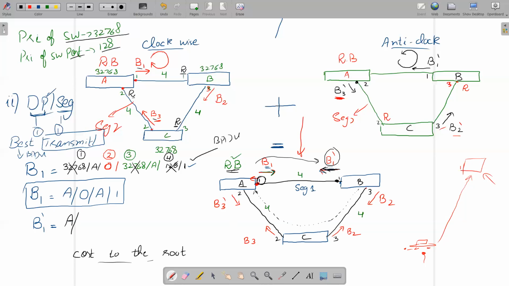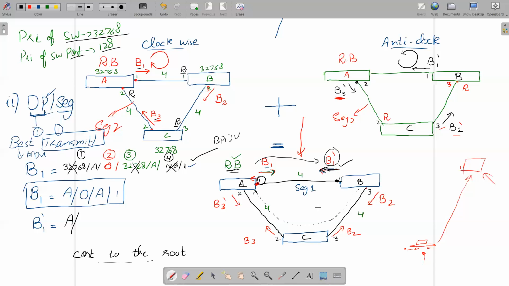Just look at the direction of this BPDU here. But just figure out from where you are receiving that BPDU which you are transmitting right now. Obviously, you need to move in the anti-clockwise direction, the backward direction.